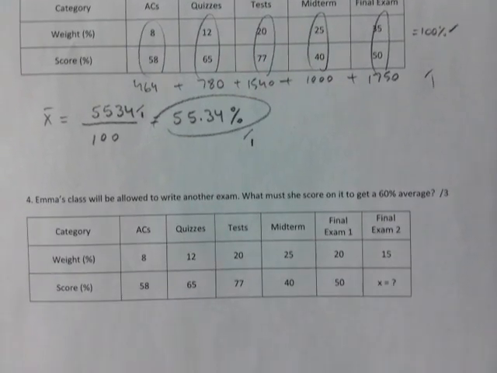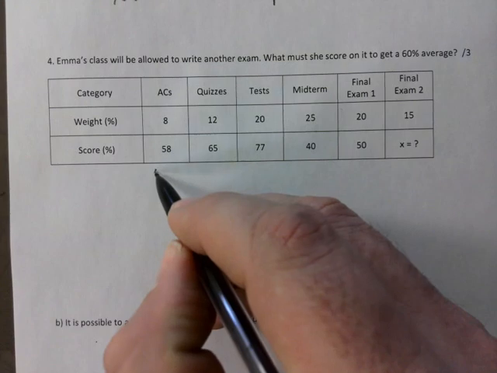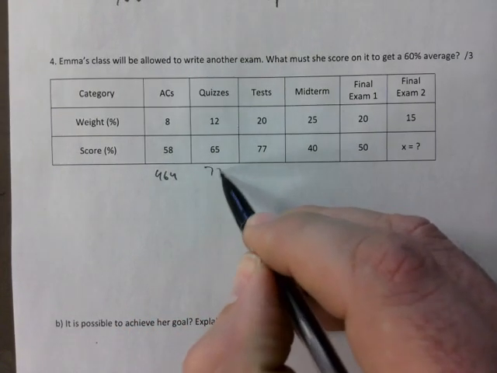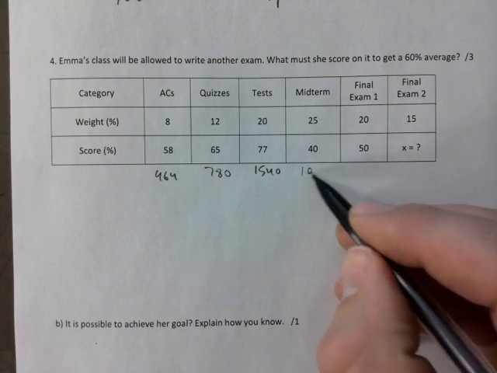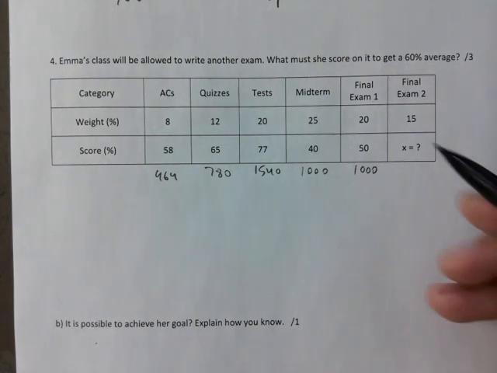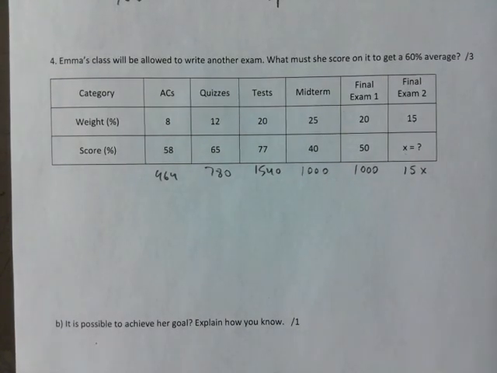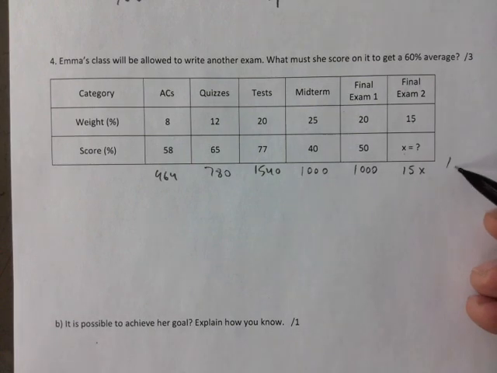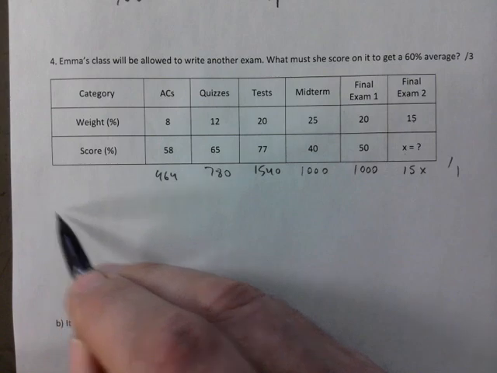All right, last but not least, heavy hitter, right? So I can just say, right, 464, 780, 1540, 1,000. This changes also to 1,000. And this, if you want, you can call this 15x, right? You're multiplying it. So you get a mark for that. And here I'm going to actually switch gears.